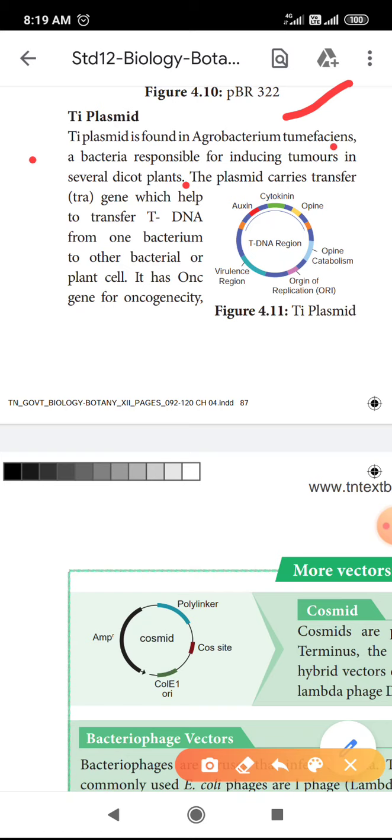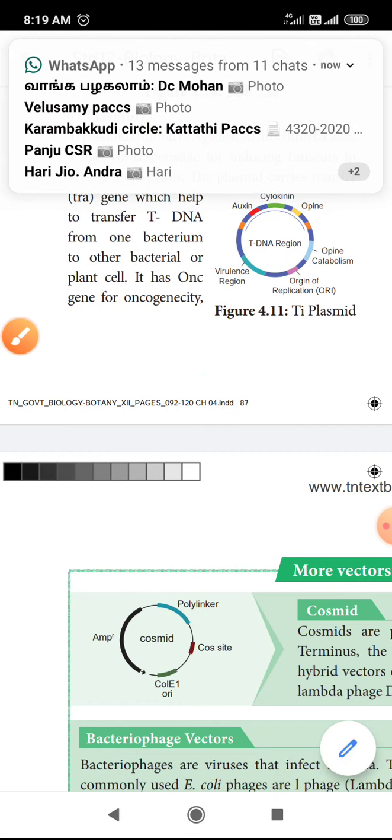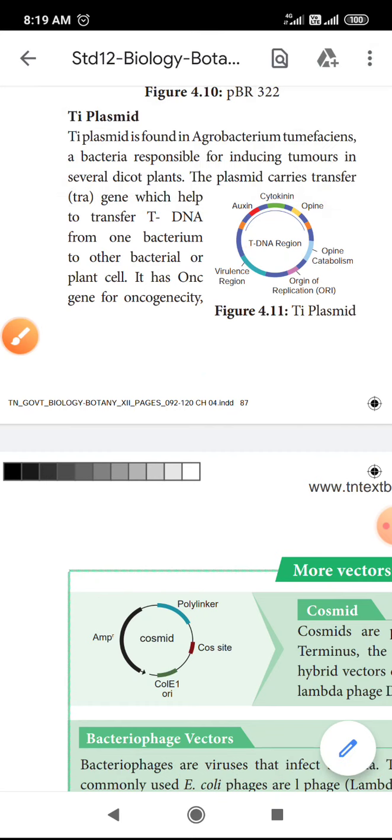The plasmid carries a transfer gene, the tra gene, which helps to transfer the T-DNA from one bacterium to another bacterial or plant cell.